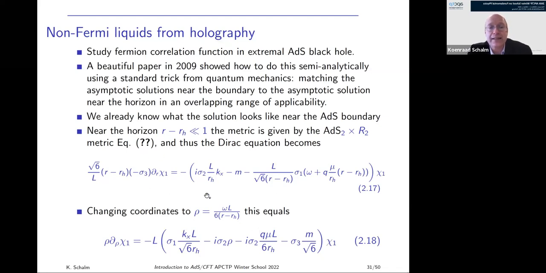So if I take the Dirac equation for this single spinor chi1, I have already projected on this 2x2 matrix, and I now take the near horizon limit. If I just do it naively, I get this, and I change coordinates to this interesting coordinate rho, which includes the frequency here. And this then is the solution to the near horizon behavior of this chi1.